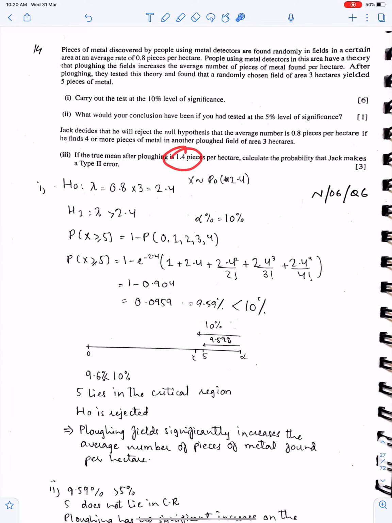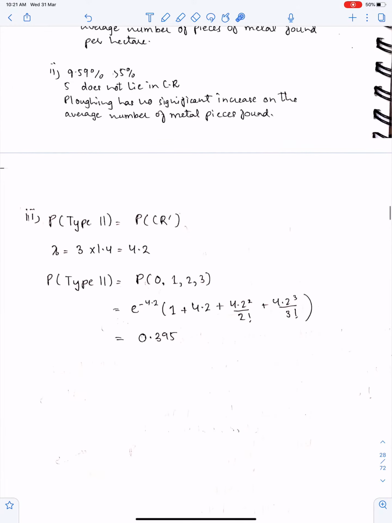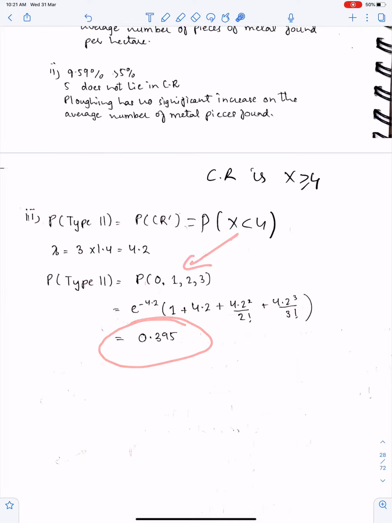For type 2 error: he will reject the null hypothesis if he finds 4 or more, so 4 is in the critical region. Type 2 error is the critical region complement, so the probability is X less than 4, because the critical region is X greater than or equal to 4, using the new lambda. This is the probability of type 2 error, the accepted region.